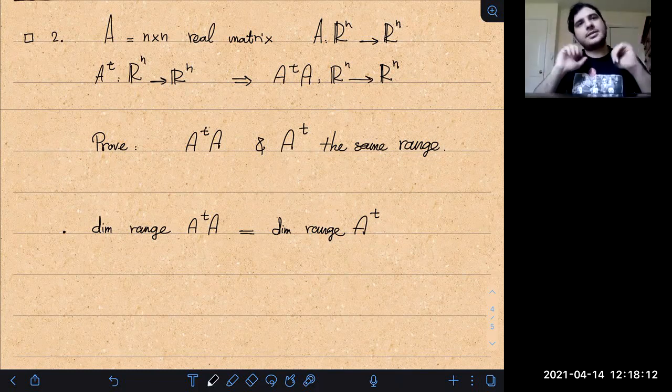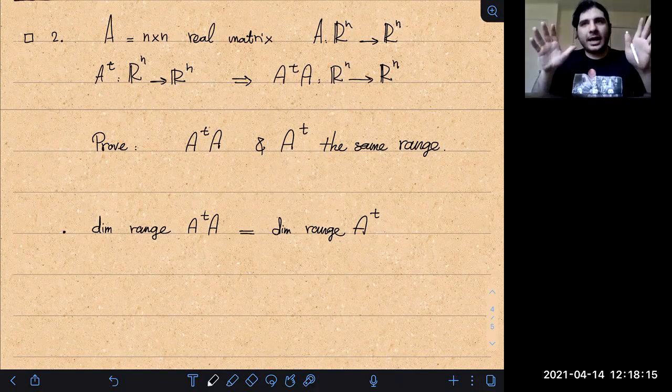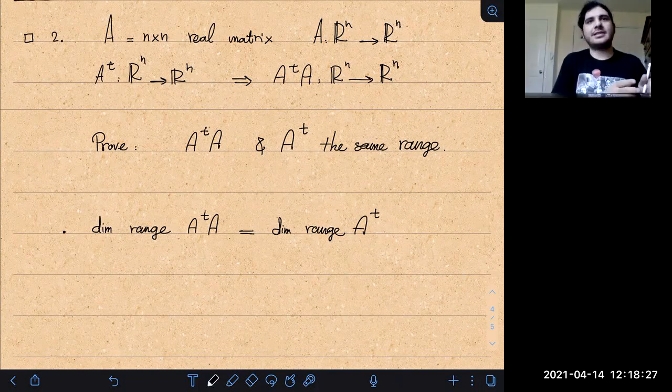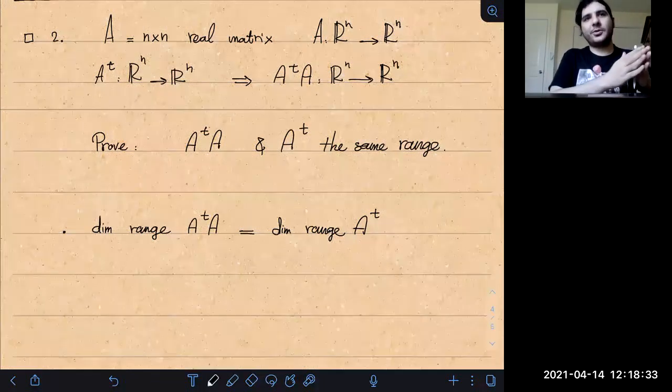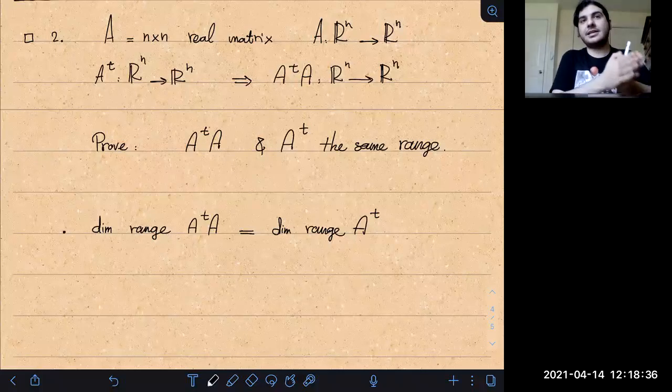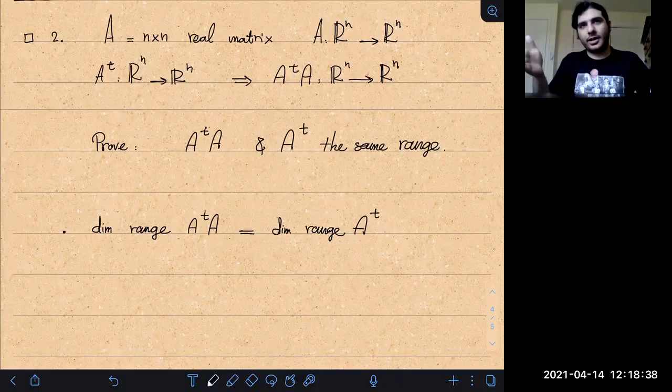So the idea is usually like this. Usually you have two linear maps, and you want to show they have the same kernel or the same range. One approach is to show that one of them, their kernel, for example, if you want to show they have the same kernel, is a subset of the kernel of the other one. Or if you want to show they have the same range, you should show the range of one of them is a subset of the range of the other one.